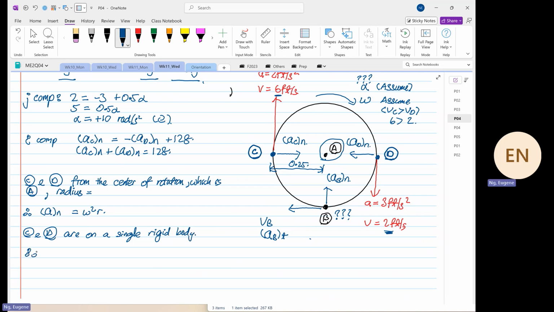So therefore ACN is equal to ADN and is equal to omega squared R.